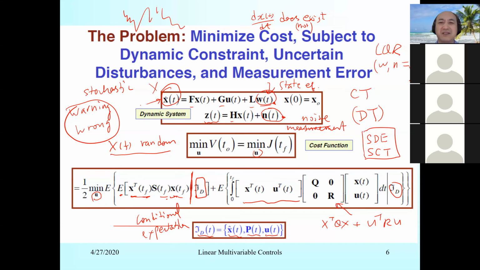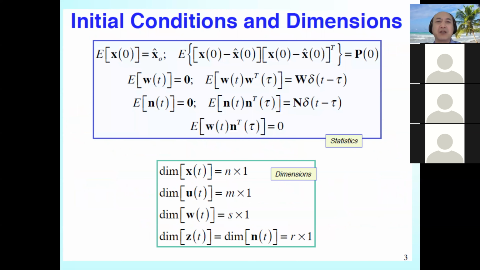My question is, what do we know about these noises? Here we assume that everything is random, so you have to use statistics.